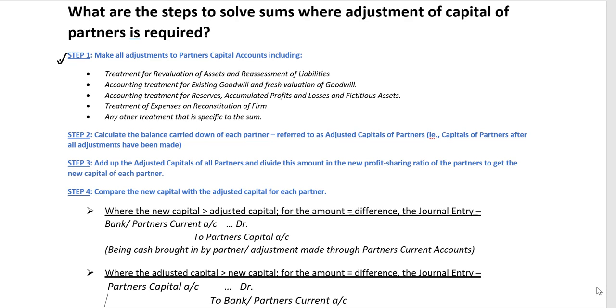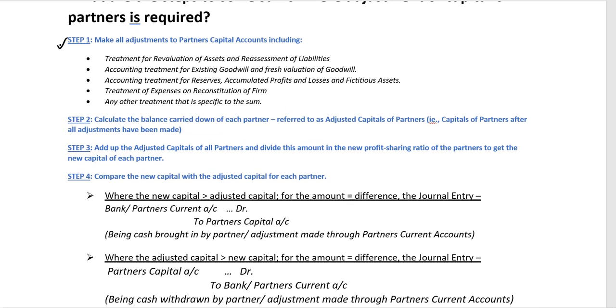Where the adjusted capital is greater than the new capital, then the following journal entry needs to be passed for the amount equal to the difference. We need to debit the partner's capital account and credit the bank account or the partner's current account, being cash withdrawn by partner or adjustment made through current accounts.